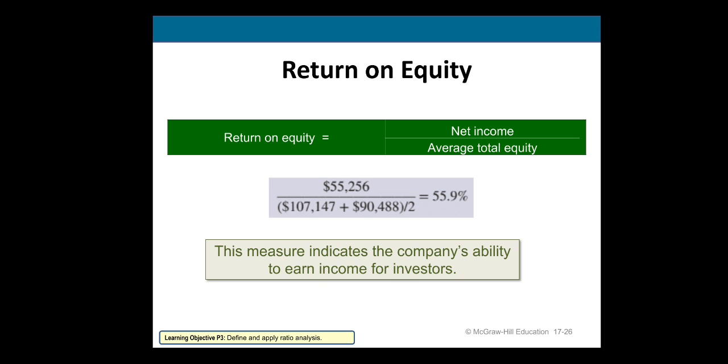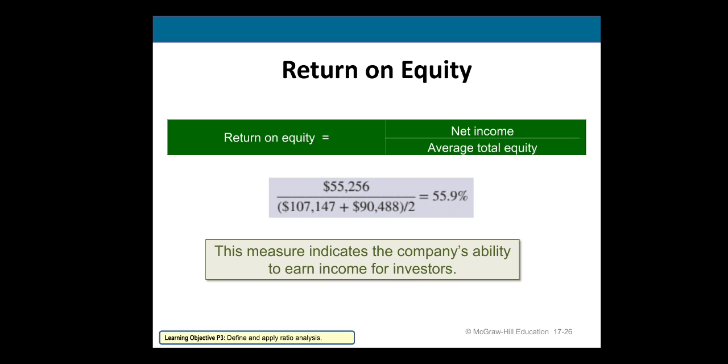So for this sample business, the return on equity equals 55.9%. So it shows that for this business, for every $1 invested by the owner of the business can generate 55.9 cent profit. So this is a good business.